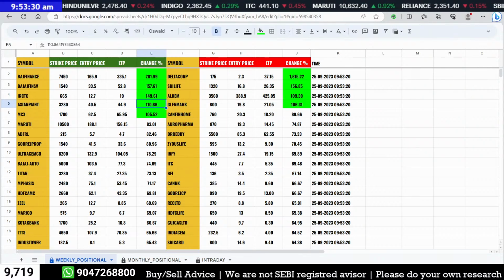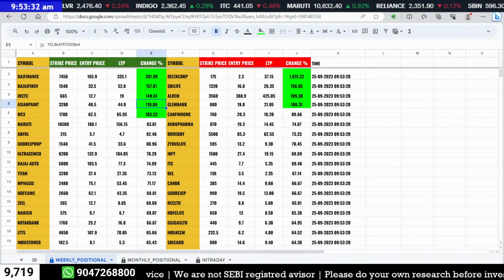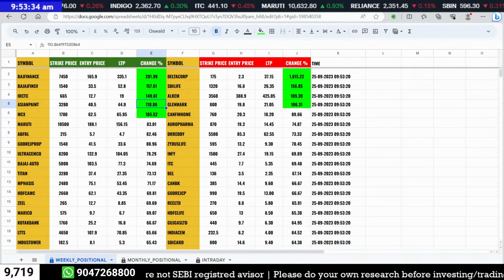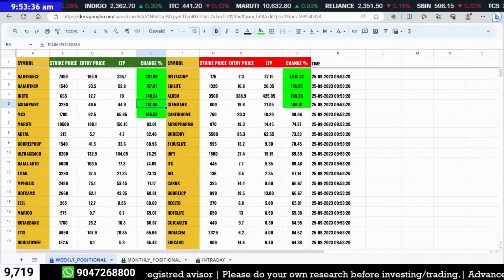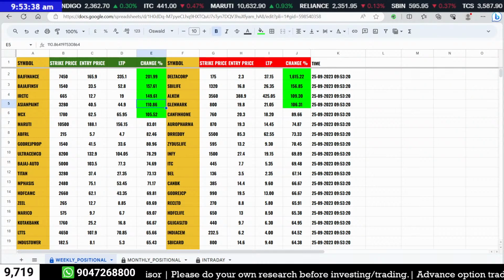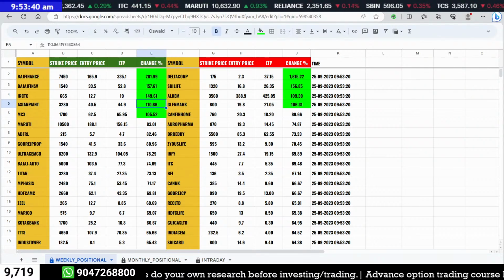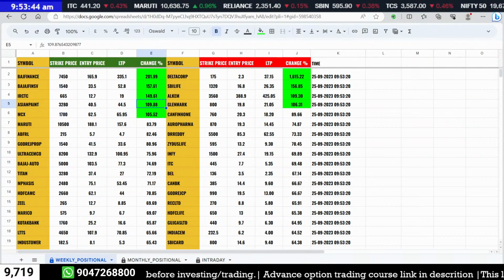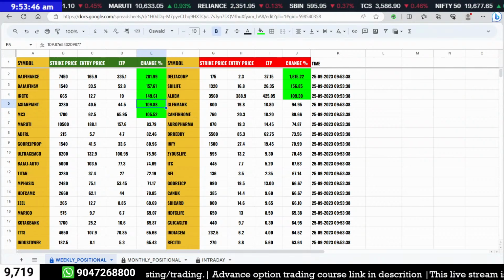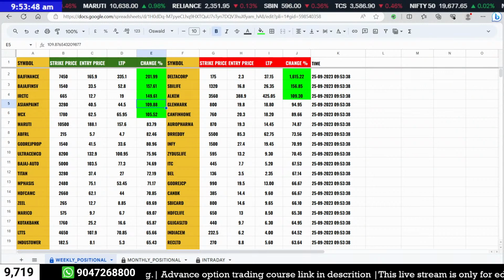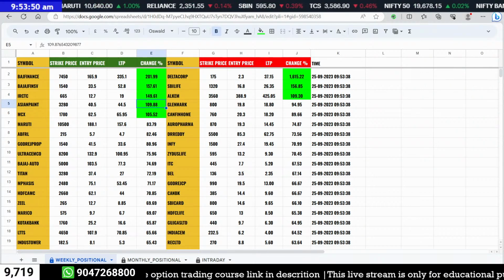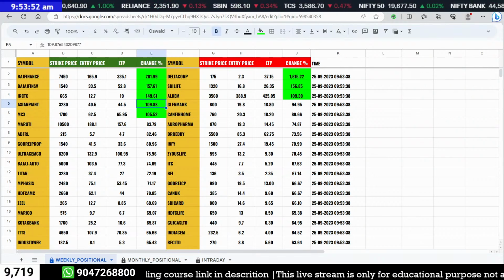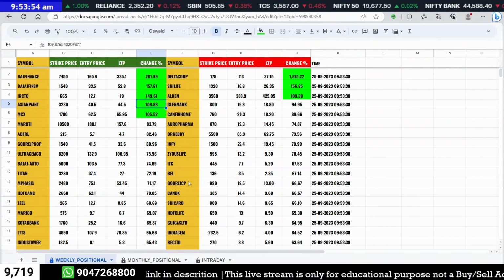But normally in the last week we are not going to plan any trades. Simply I'm just tracking and watching the market, what is happening here. A very flat move is going on. So no problem, we are just watching the market. If we get any good opportunities, then we plan. Maruti also is a near one. Maybe if it triggers above that level, we can go for it. Until then, we are not going to plan any of this.